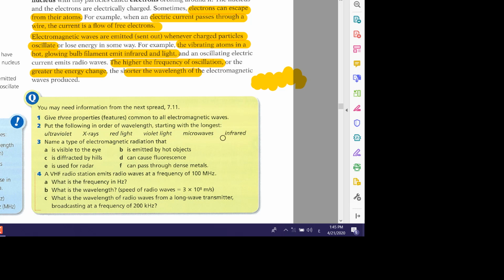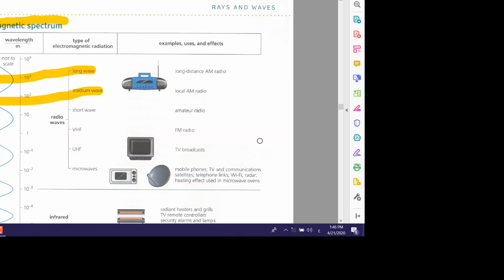We should put these examples of electromagnetic waves in order depending on their wavelength. We will start from the longest one to the shortest one. So to solve question number 2, let's go to the next page.